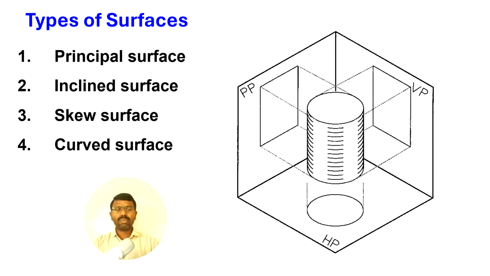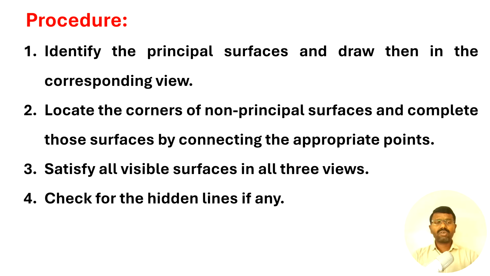Now if you see the procedure to draw the projections of solids: identify the principal surfaces and draw them in the corresponding view. Locate the corner points of the non-principal surfaces. Non-principal surfaces are nothing but inclined surfaces, curved surfaces and skew surfaces.